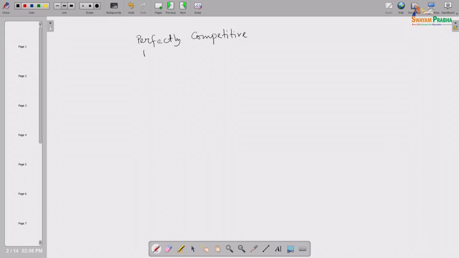Then monopoly, which we are going to discuss today, monopolistically competitive, and oligopoly. These 4 different types of markets we will discuss.